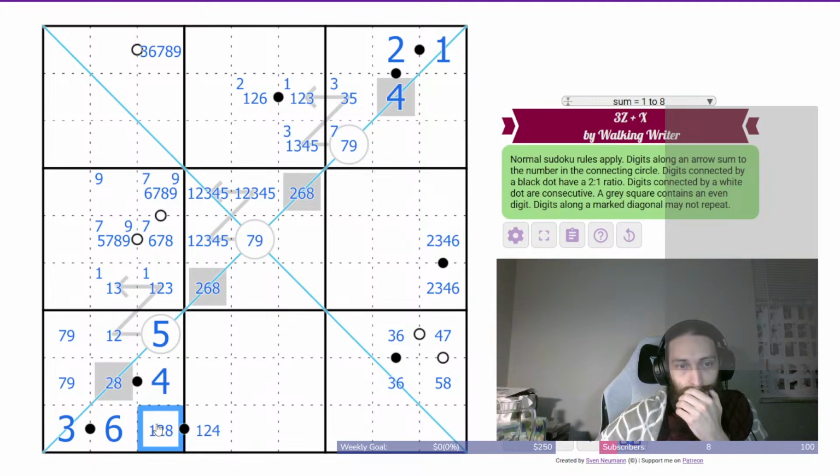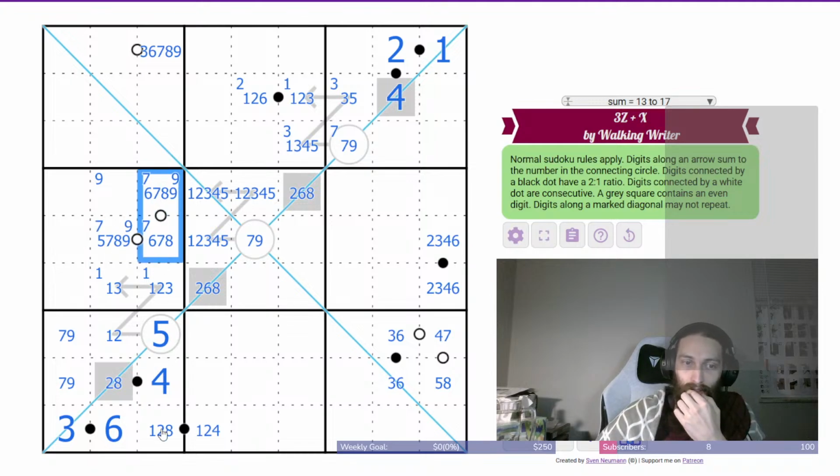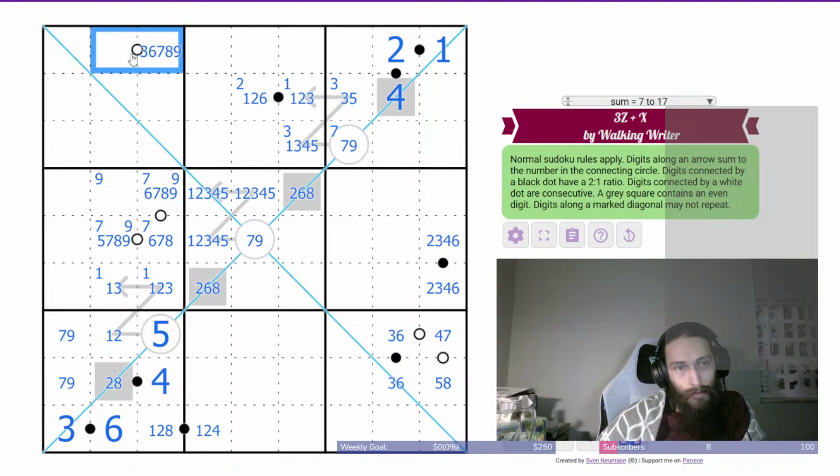If this was an 8, this would have to be 6, 7, 8. Or I guess it could be 7, 6, 5. This would have to be 6, 7 if that's an 8. And then that becomes 3 or 9. Well, because you could go 3 to 4 or 9 to 8. So this would be 4 or 8. I'm not sure.